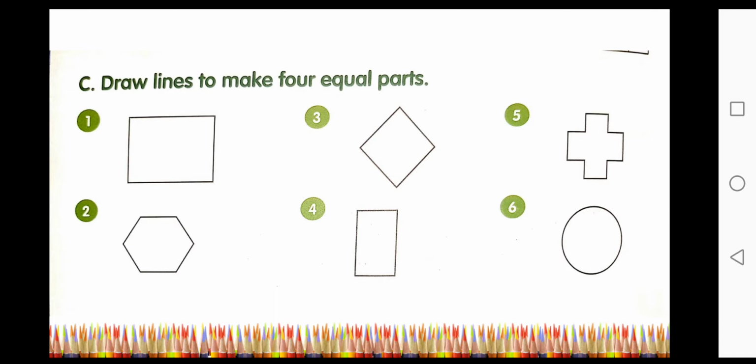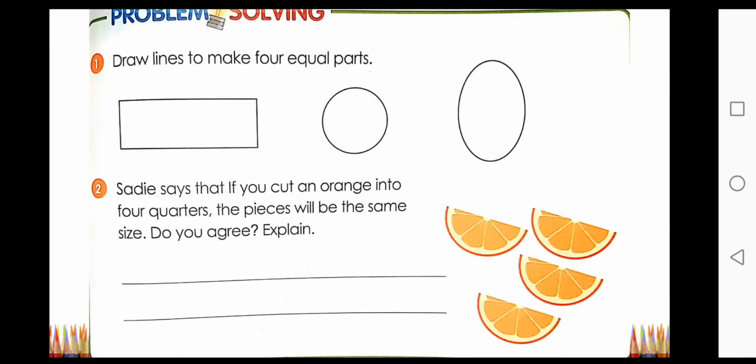So, start drawing lines. Next, draw lines to make 4 equal parts. Here you have 3 shapes and you have to draw lines to make 4 equal parts. Remember, the parts have to be equal.